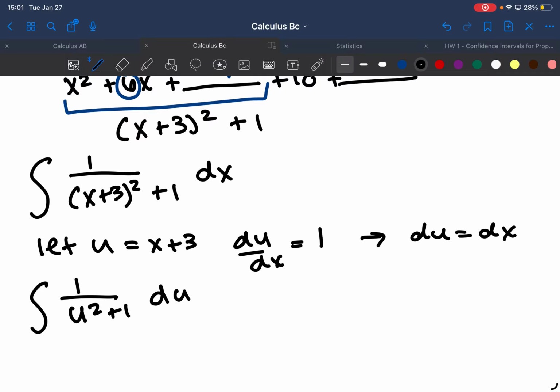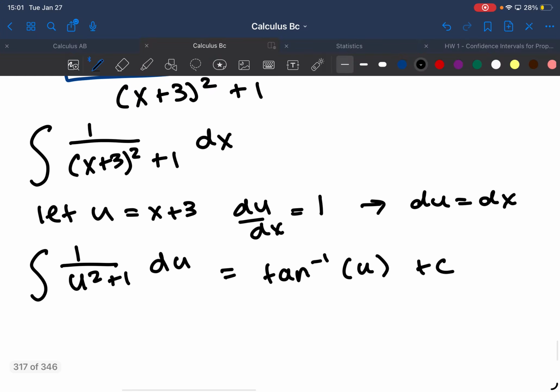And so I know that this is arctangent, or I write this as the inverse of tangent u plus c. And then I plug in u, which was x plus 3. And that's my answer.